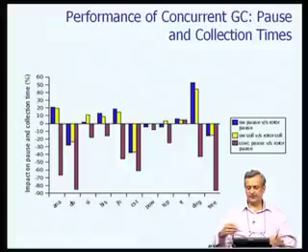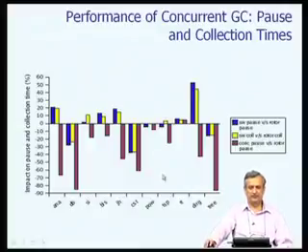The concurrent garbage collector really improves the pause time; it reduces the pause time. Thereby the program does not stall for a long time, whereas in the stop the world garbage collector, the program stops for quite a bit of duration. That is why most of those bars are on the positive side of the axis, whereas the concurrent garbage collector reduces the pause time, so the bars are all on the negative side.